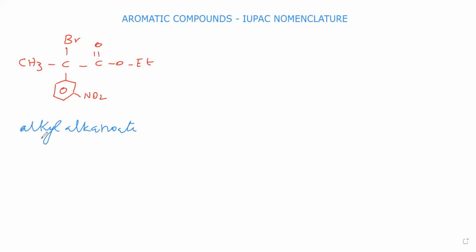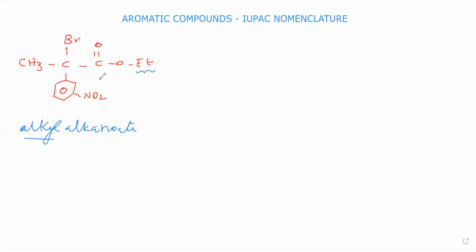This alkyl is the group attached to the oxygen of the ester. Then the alkanoate part is this one. In this alkanoate part, let us select the parent chain, then we will say the name.